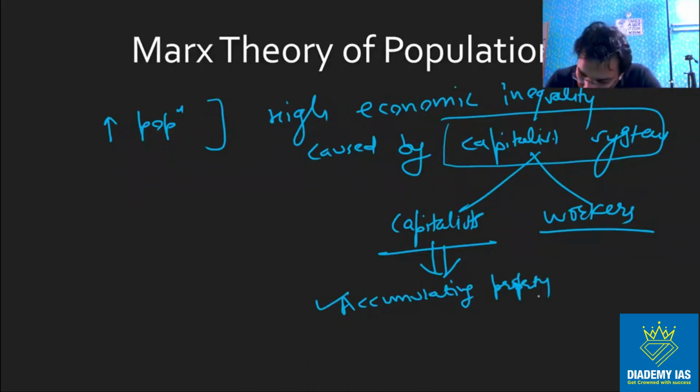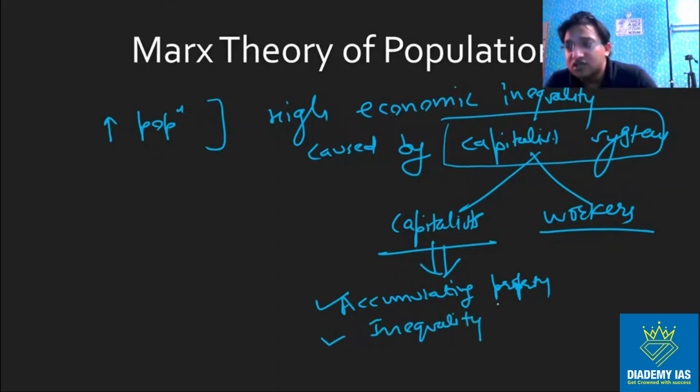And this accumulation of property results in inequality of distribution of the resources. So the resources which would have been available to the poor people are being accumulated by the capitalists.